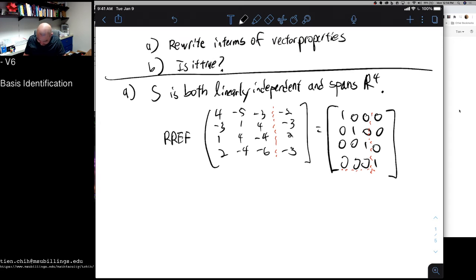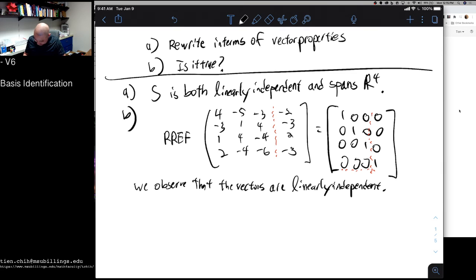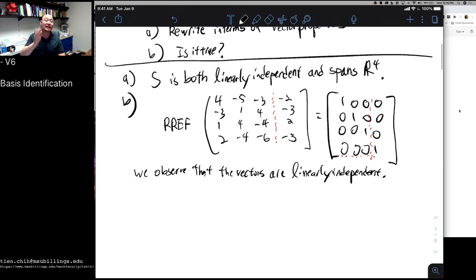So what I can say is that we observe that the vectors are linearly independent. And so it satisfies one of our criteria.